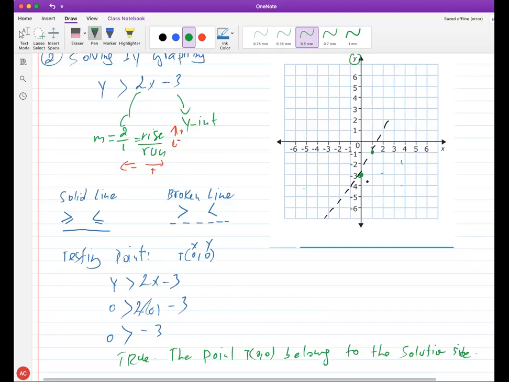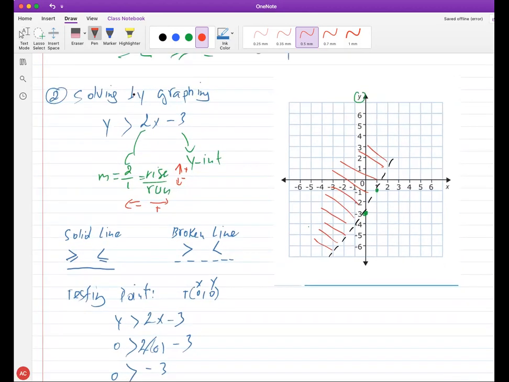So in this case, we tested one point, it worked. So that's the side we're going to shade. So basically, any point from this side will be a solution. So this entire upper side is the solution of this inequality without including the line itself.